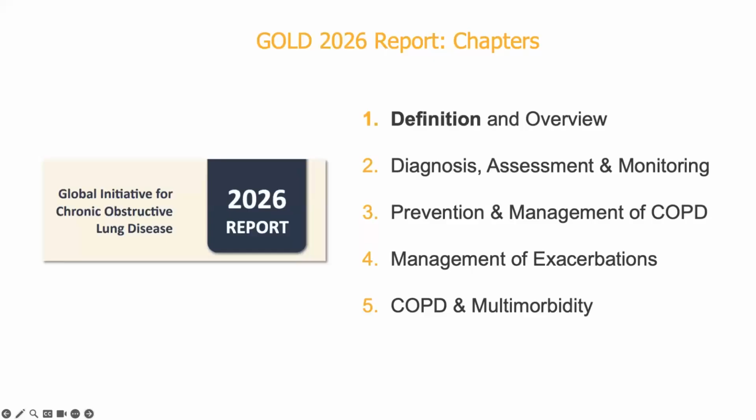That's in Chapter 5. And there's a new Chapter 6, which has AI, the emerging technologies that's just come out here. And worth emphasizing, vaccination recommendations for people with COPD have also been updated. And you've got this new section on disease activity that's now included in the report.